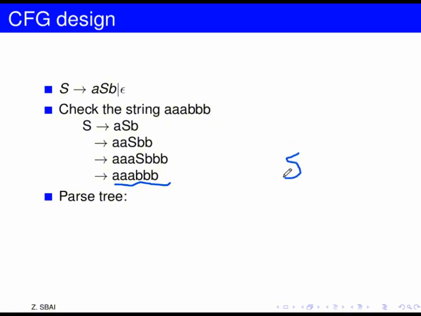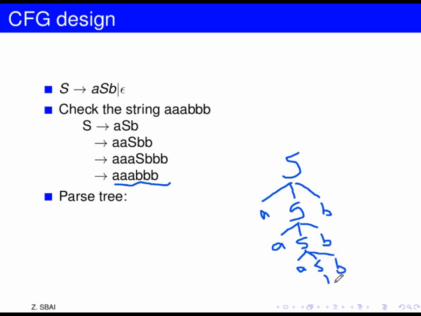First we will apply S derives A S B. Second, for this S, it will also be substituted by A S B. Also for this S, it will be substituted by A S B. And the last S will be substituted by epsilon.